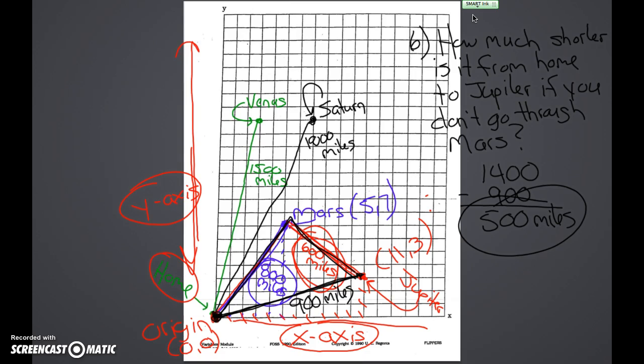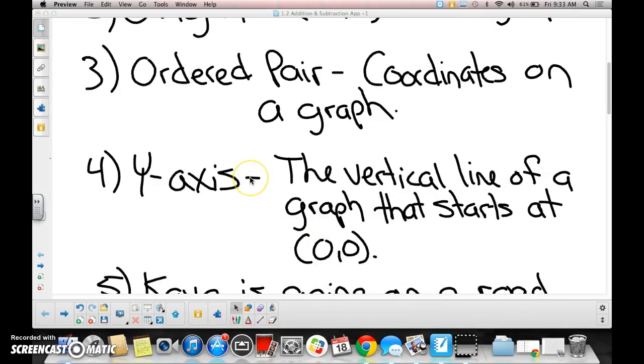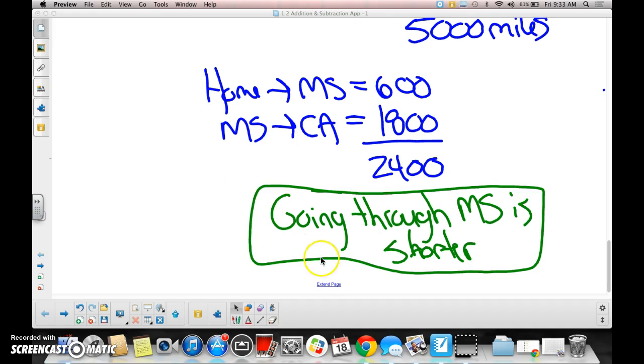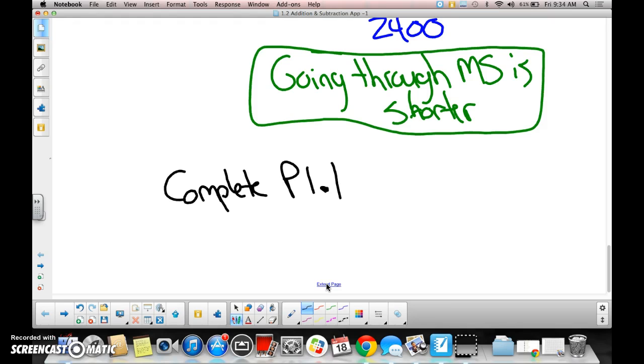Your assignment for Monday when you get together in class with me is to complete practice 1.2, 1 through 6 all. I'll write that down. This should go on your planner under an event: complete practice 1.2, don't get confused, 1 through 6 all.